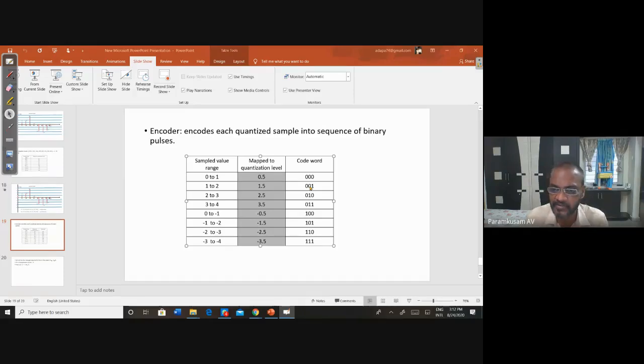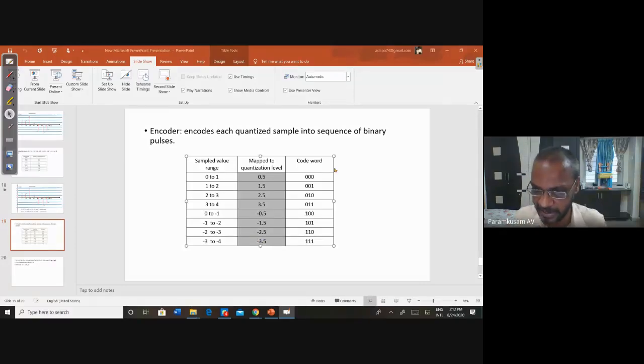అంటే పర్టికులర్ గా మీకు ఎక్కడైనా 0.5 వోల్ట్స్ వచ్చింది అనుకోండి, దట్ ఈస్ కన్వర్టెడ్ ఇంటూ 000. అంటే రిసీవర్ లో మనకి 3 జీరోలు వచ్చాయి అనుకోండి, అంటే దాని యాంప్లిట్యూడ్ 0.5 వోల్ట్స్ గా అర్థం చేసుకుంటుంది. అదే రిసీవర్ దగ్గర 100 వచ్చింది అనుకోండి, -0.5 వోల్ట్స్ గా అర్థం చేసుకుంటుంది. అదే 110 వచ్చింది అనుకోండి, -2.5 వోల్ట్స్ రిసీవ్ అయిందని అర్థం చేసుకుంటుంది. ఓకే, లైక్ దిస్.